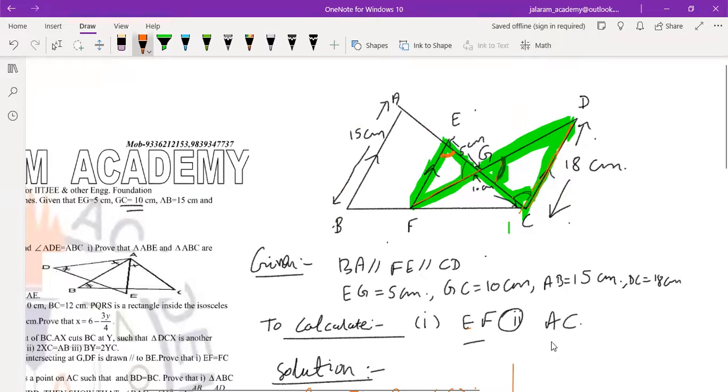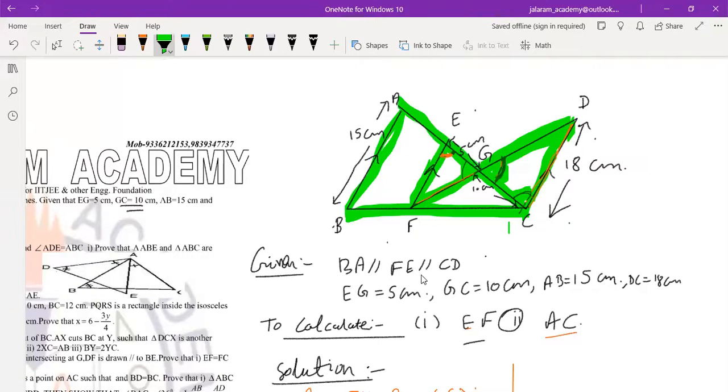Now we have to find AC also. So AC is in which triangle? AC is in triangle ABC. So one of the triangles will be taken as ABC. And search for the other triangle which is similar to this. So you can look at this. This is triangle CEF. As in these two triangles, this angle equals to this angle, as they are corresponding angles.